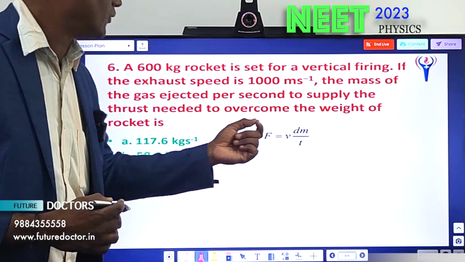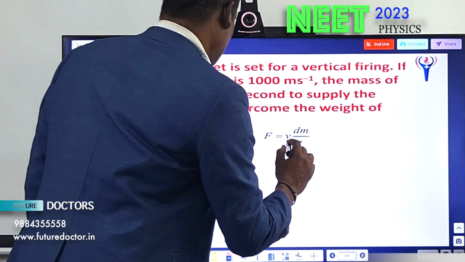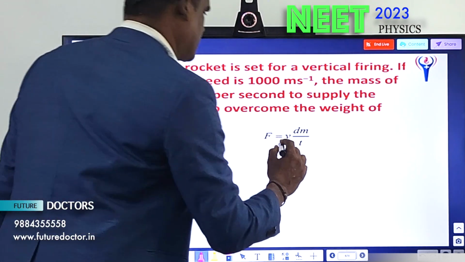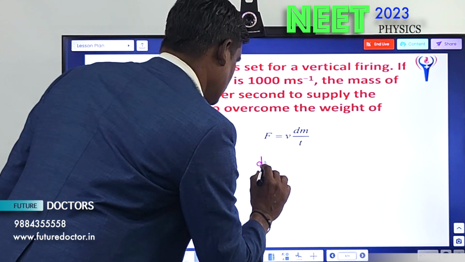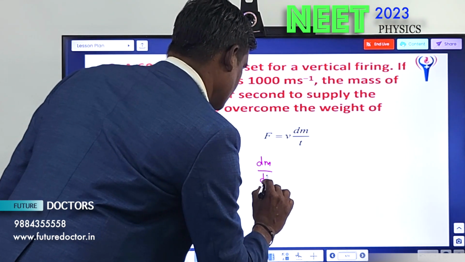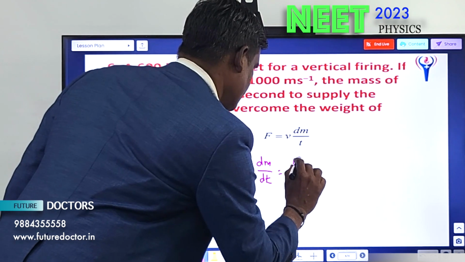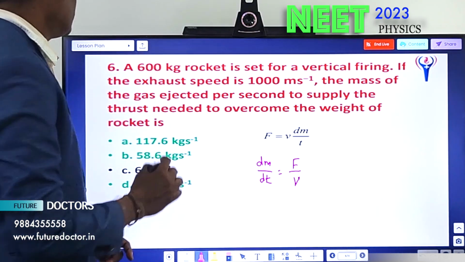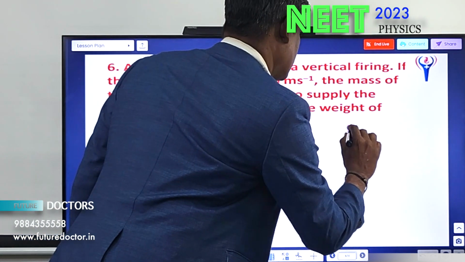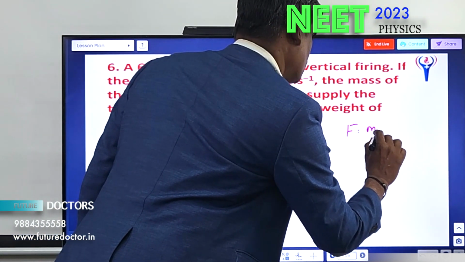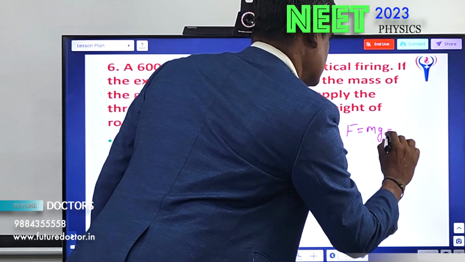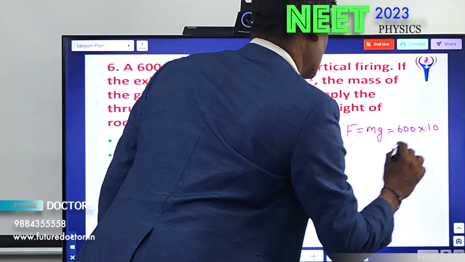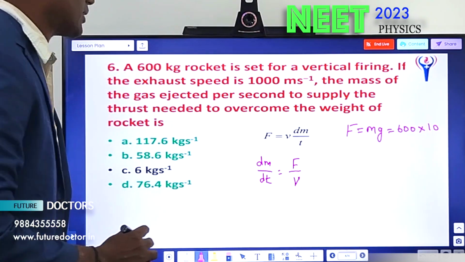So F equal to V into dm by dt, and here mass of the gas ejected per second, that is dm by dt only. dm by dt equal to F by V. And instead of F, given is 600 kilogram. F equal to m into g, and m is 600. 600 into g, assume g as 10 meter per second square.